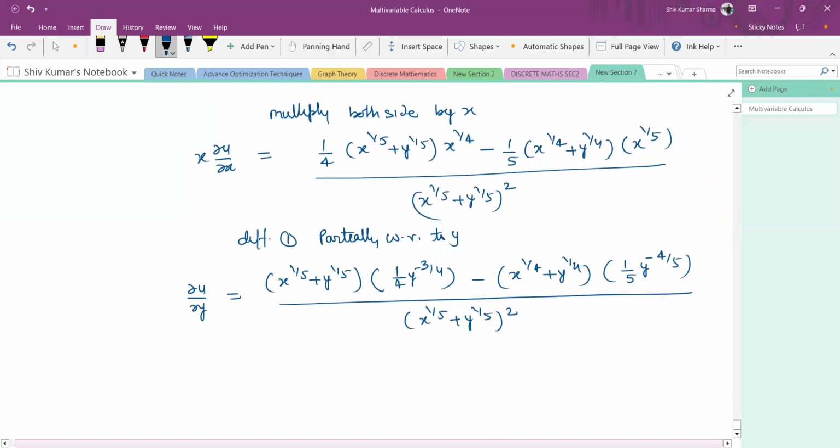So again we do the same thing. Multiply both sides by y.